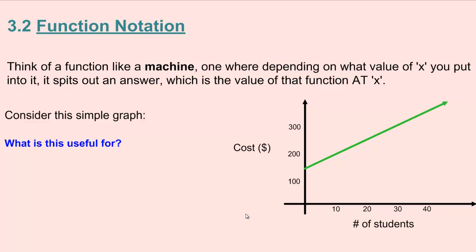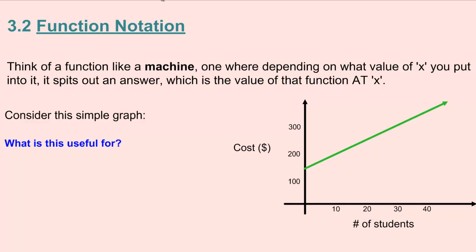This could be for anything. Maybe they're going on a field trip, or maybe we're buying textbooks and need to know how much it costs. But what matters is, what can we use this for? We can use this graph to tell how much whatever we're getting will cost if there are 10 students, or 20, or 30, or however many.